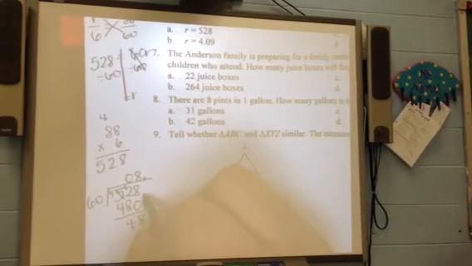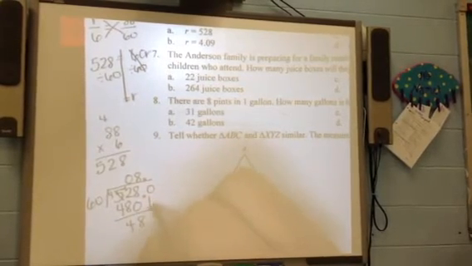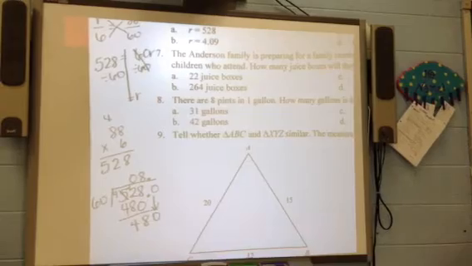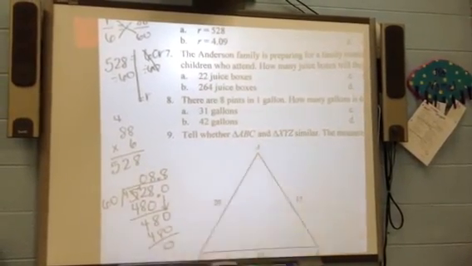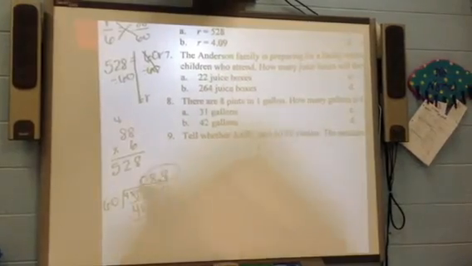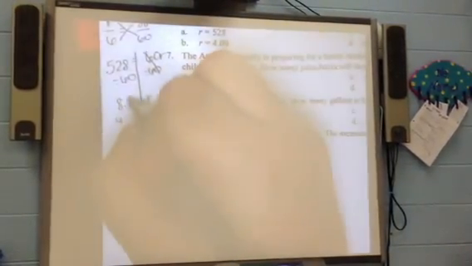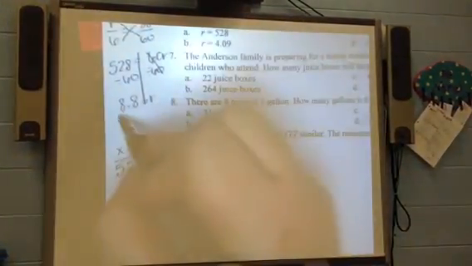Add a decimal. Bring my answer down. 8.8 is my answer, so R equals 8.8, which is D.